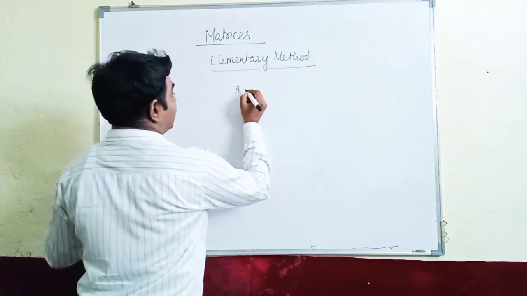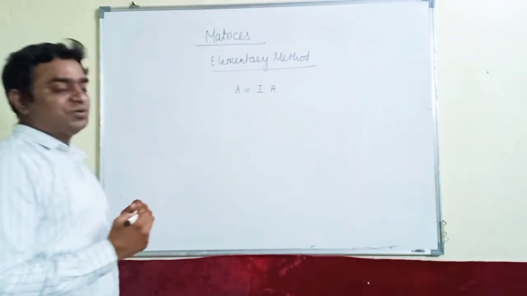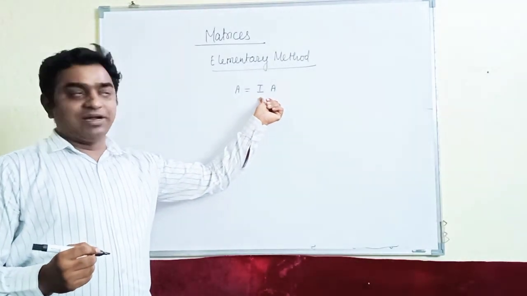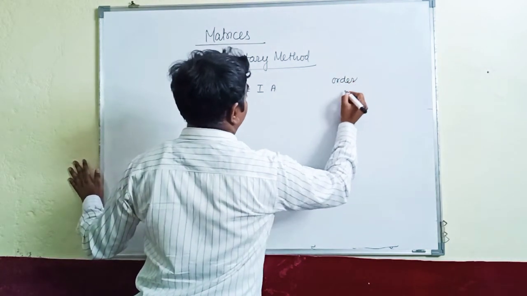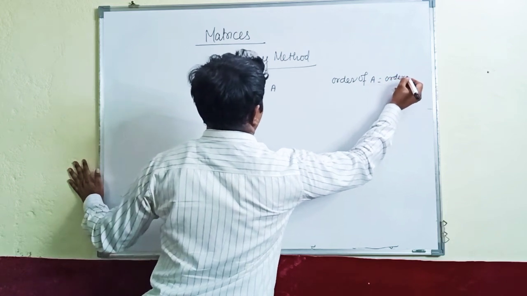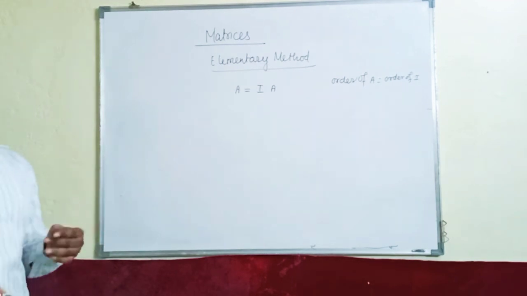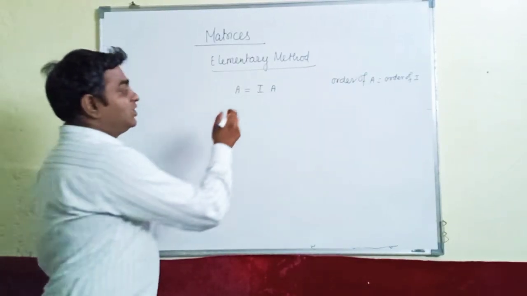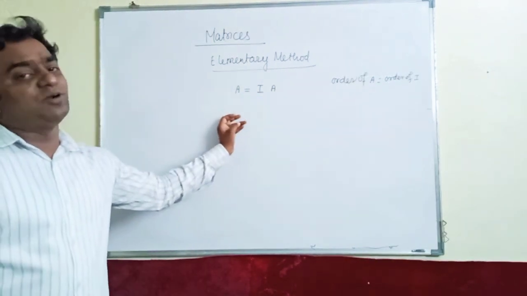So here A is equal to I into A. All of you know it. If you have an identity matrix of the same order, the order of A must equal the order of I. If the order of A is equal to the order of I, both are in the same order, and if you multiply I into A, this becomes A only.